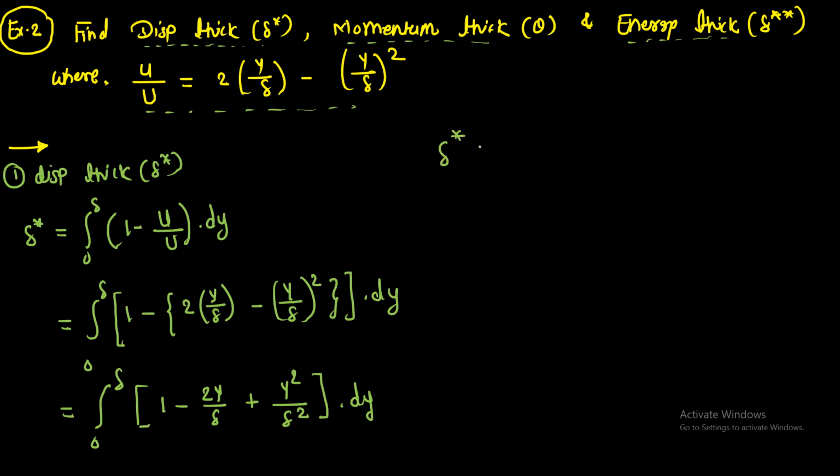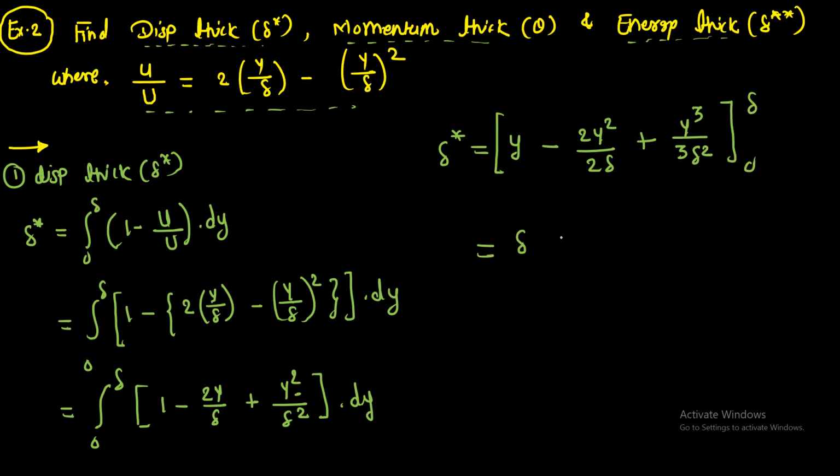So delta star is equal to integration of 1 will be y, minus integration of y will be y square upon 2. So this is 2 y square upon 2 delta, plus integration of y square will be y cube upon, and this is delta square, and limit is 0 to delta. Now put the limit. So this is delta minus, this 2 will get cancelled.